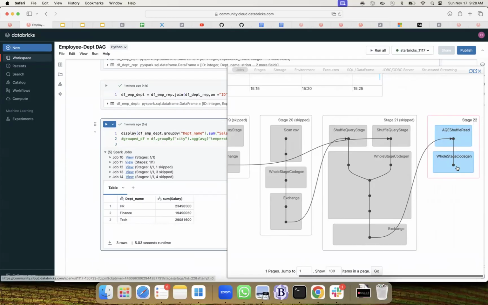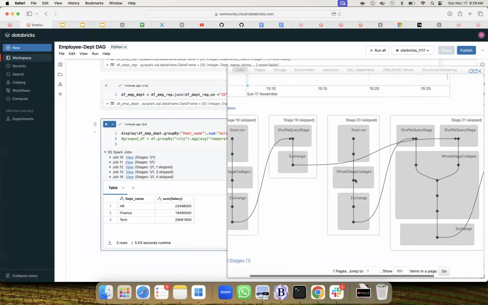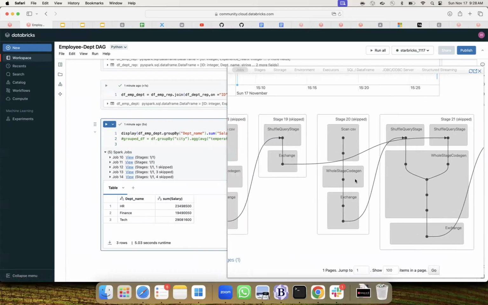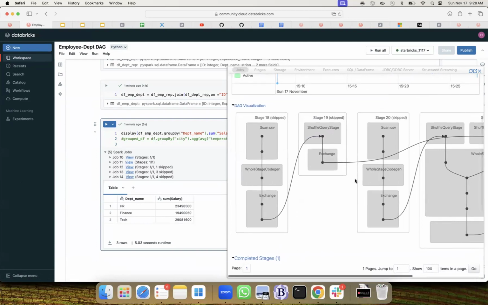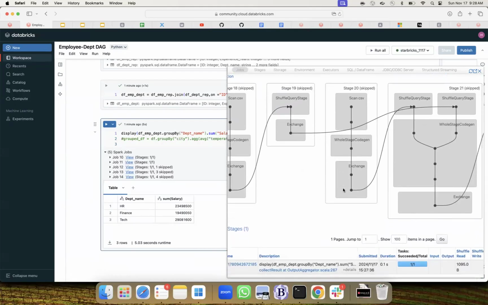Shuffle read, whole stage codegen. So wherever there is a data shuffle, a new stage is created, apart from reading each data set differently. Okay, so that is a recap on the DAG.